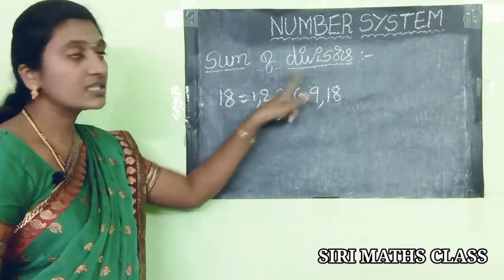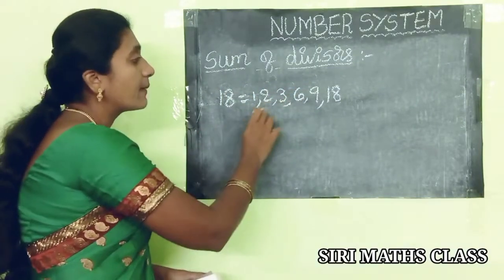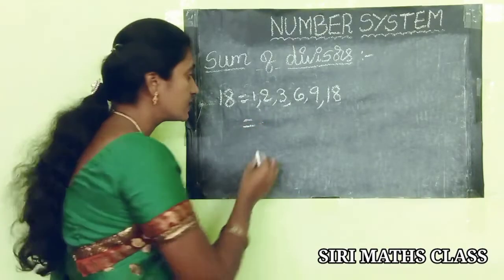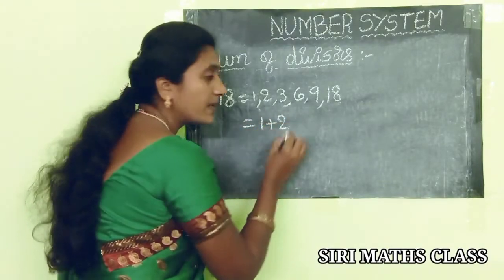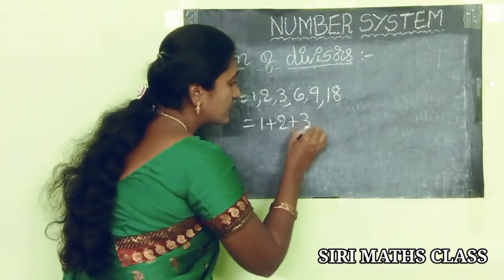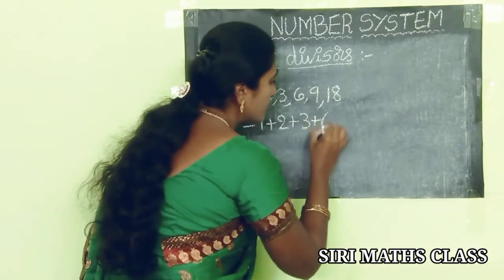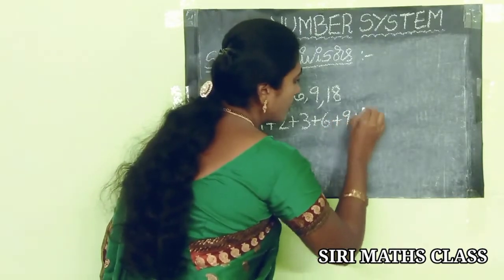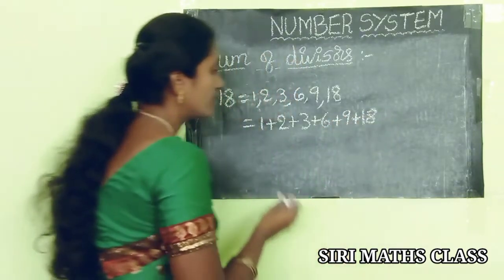What is our condition? Sum of the divisors. Sum means adding. Yes, here we can add all the factors. 1 plus 2 plus 3 plus 6 plus 9 plus 18.